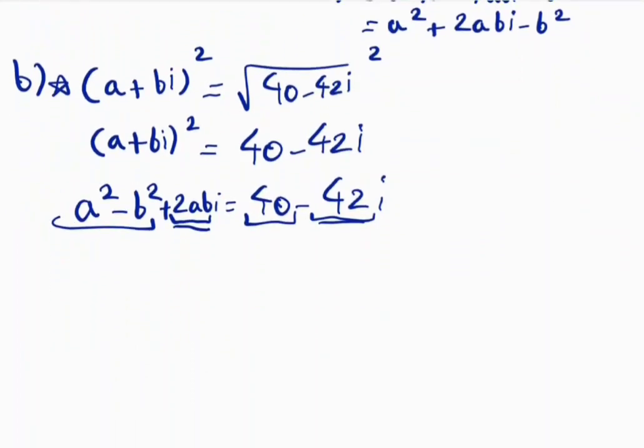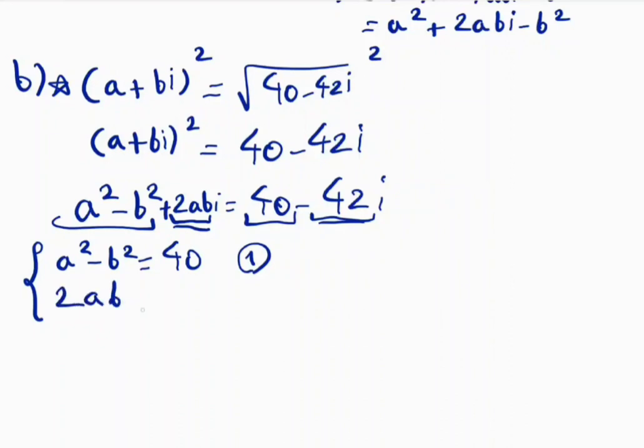Now let's do that. We have two equations. One is a squared minus b squared equal to 40; let's call this equation 1. The second one is 2ab equal to minus 42, for the imaginary part; let's call this equation 2.